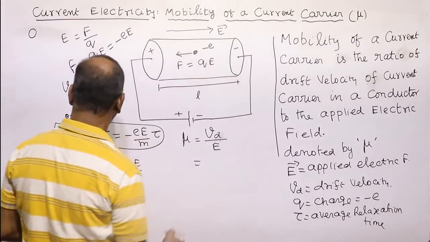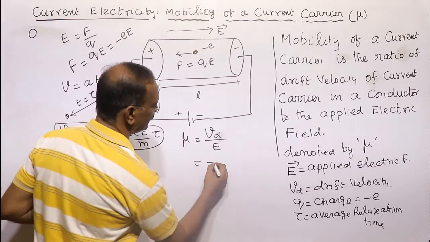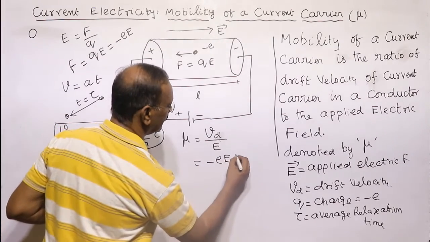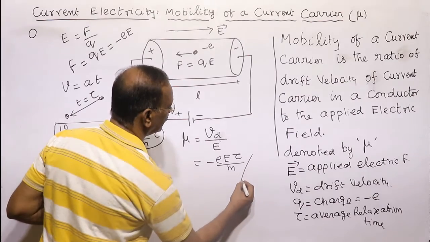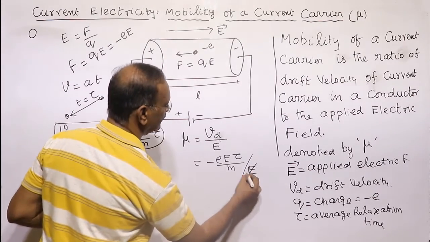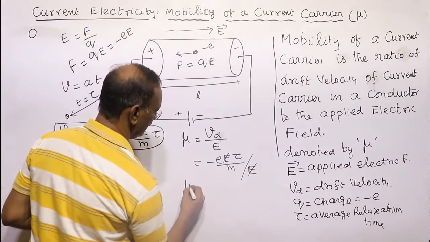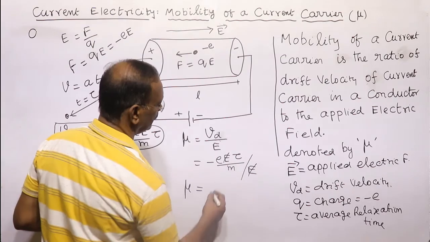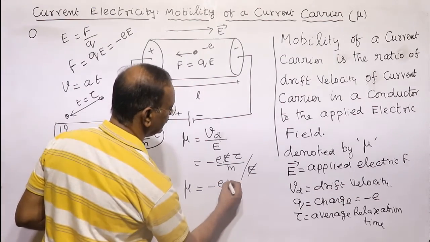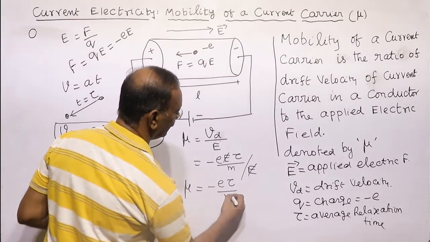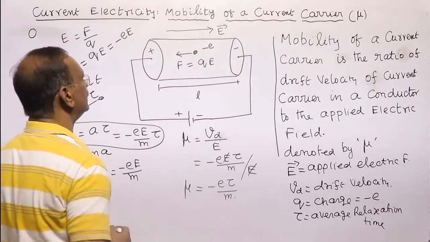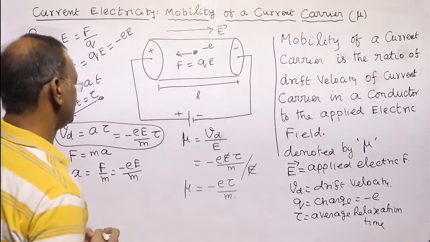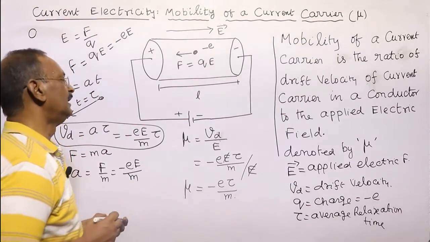So the drift velocity is eE tau by m divided by the applied electric field, cancelling E. So mobility is given by minus e tau by m. Note that the negative sign is because of the charge carrier; in a conductor the charge carrier is electrons.